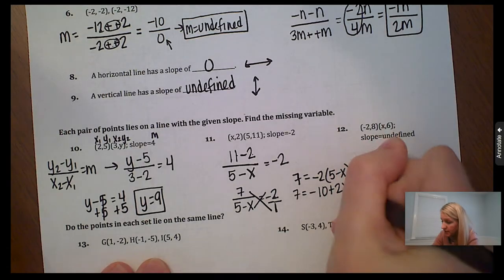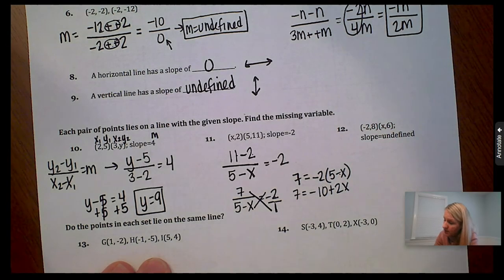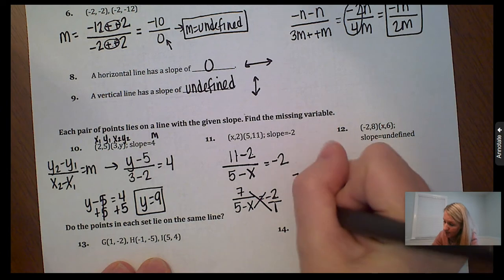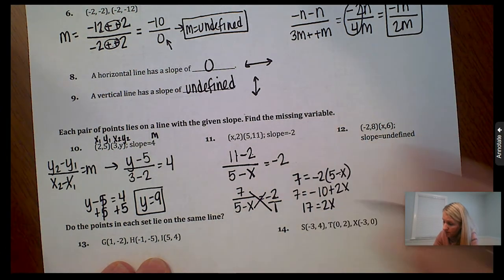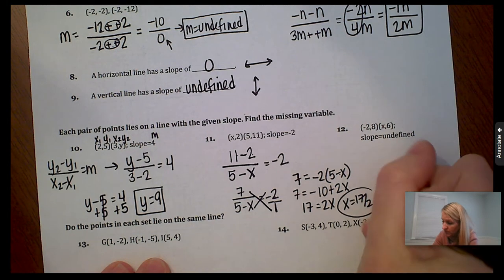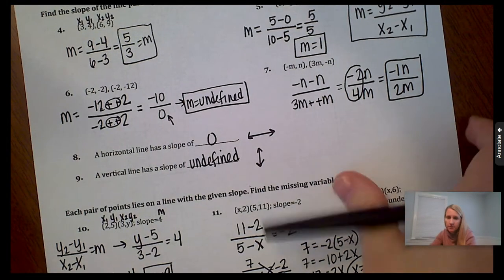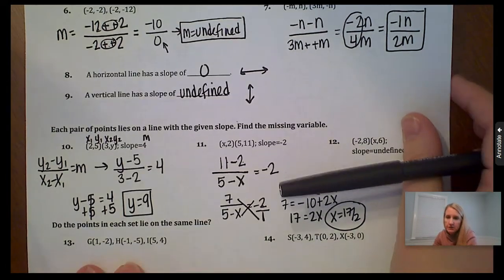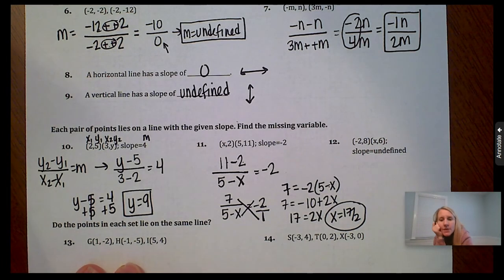Just be careful because a negative times negative gives me a positive 2x. Then what will we do? Add 10 and then divide by 2. And that will give us our final answer. So that's that one. It's funky with the x in the denominator. We will be practicing those as we move forward. So just as a heads up.